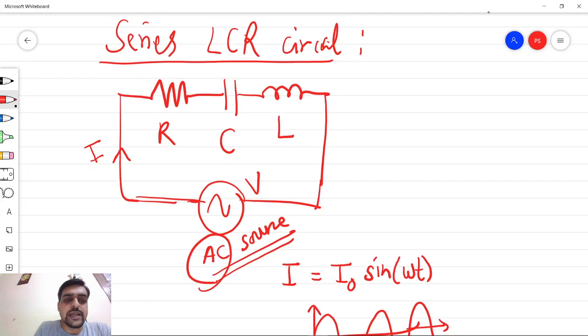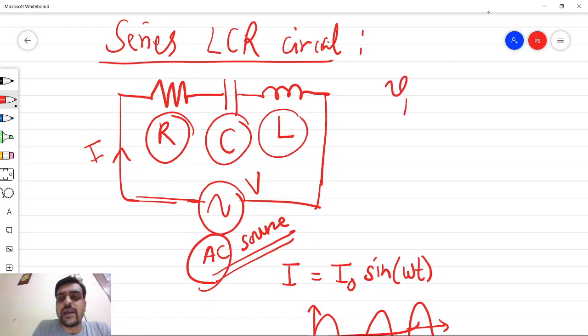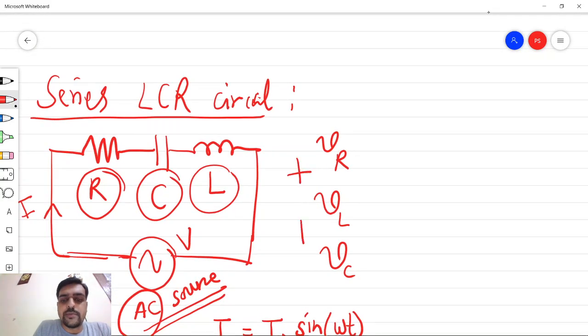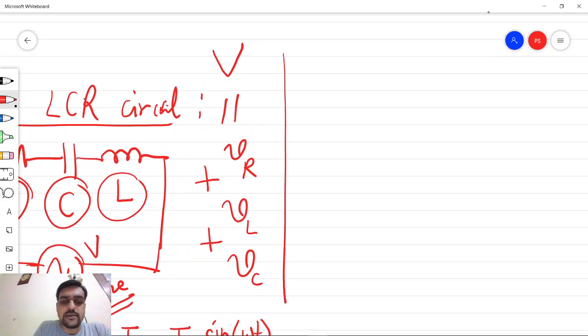Now this voltage gets divided across three components, namely VR, VL and VC, and these three components add up to get the total voltage V. Now we remember from the basics of electricity that this VR is just I times R.